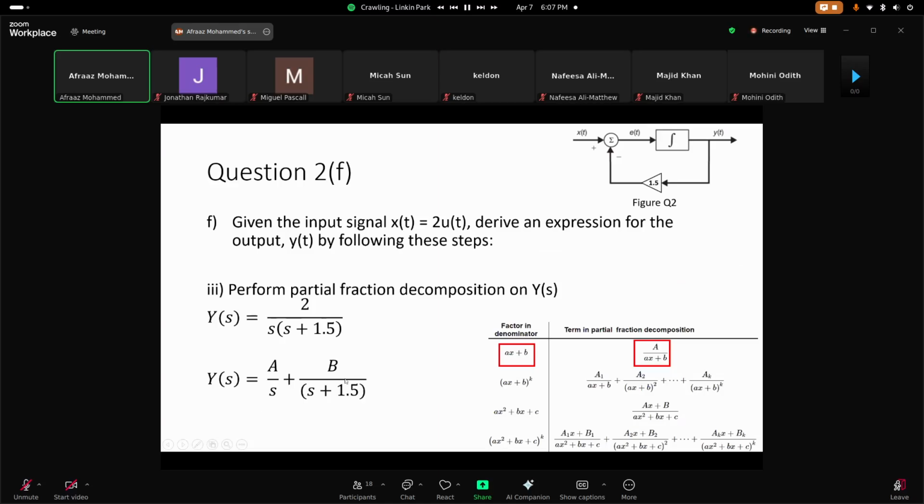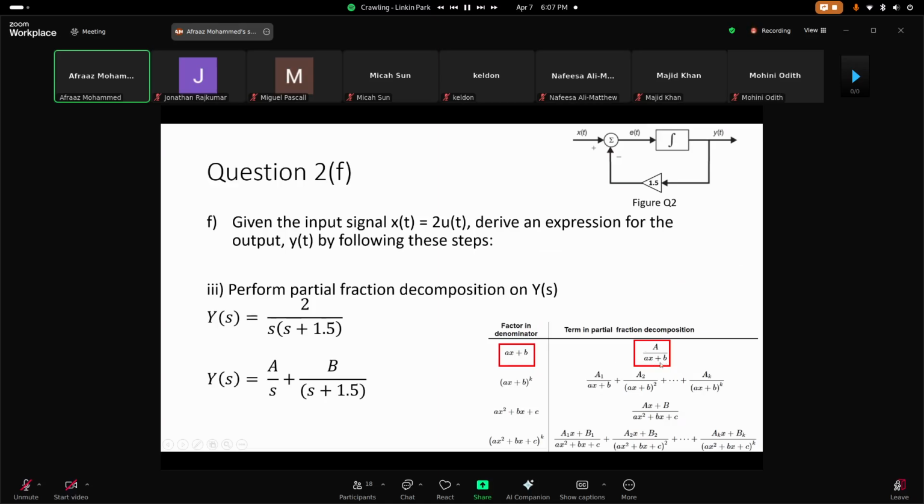All right, and next you have to perform a partial fraction decomposition on Y(s). This is essentially a term in s multiplied by a term s plus 1.5, right? So we use the same general term, A over ax plus b.